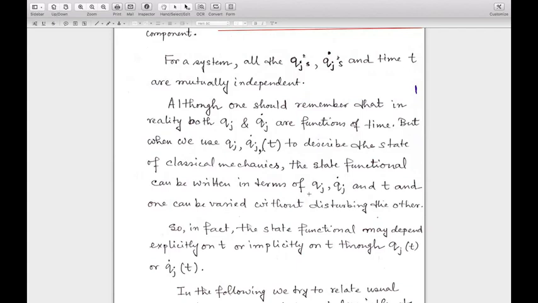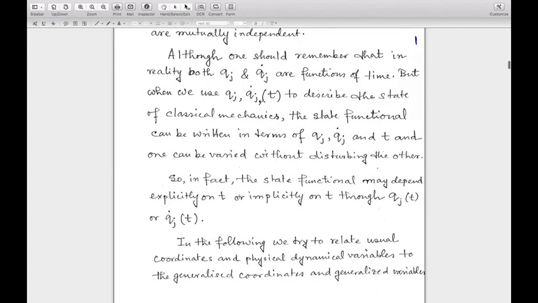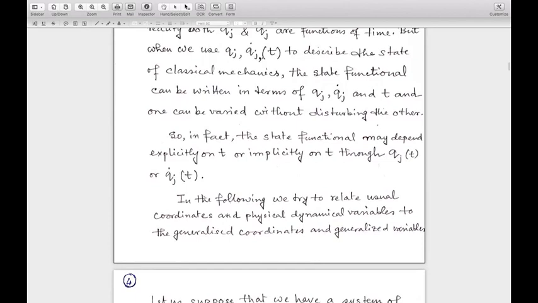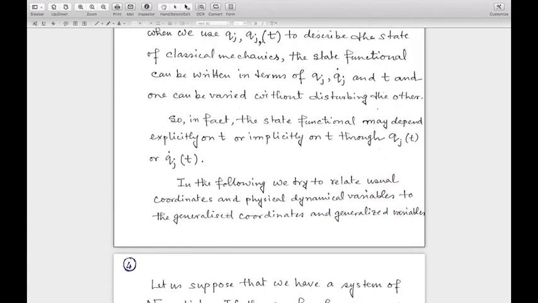Another way of saying it is that the state functional may depend explicitly on t, or whenever it depends on qj and qj dot, it basically has an implicit dependence on t through qj and qj dot. Think about this, and if you have doubts and confusions, ask me, no problem.